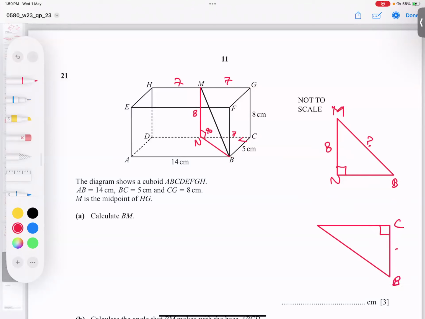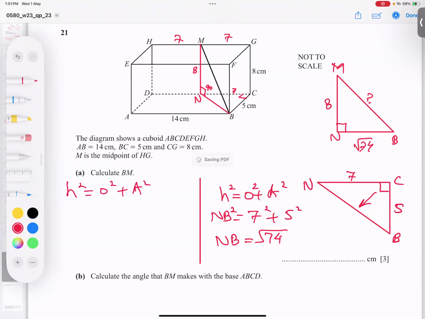And I can use the Pythagoras theorem once again, students. Hypotenuse square equals opposite square plus adjacent square. The hypotenuse is MB. You can see again, the hypotenuse is MB. And what he was asking for. Opposite and adjacent, I can use any, because the angle is not given. If the angle were given, I would need to identify the opposite, but since the angle is not given, I can take them in any order.